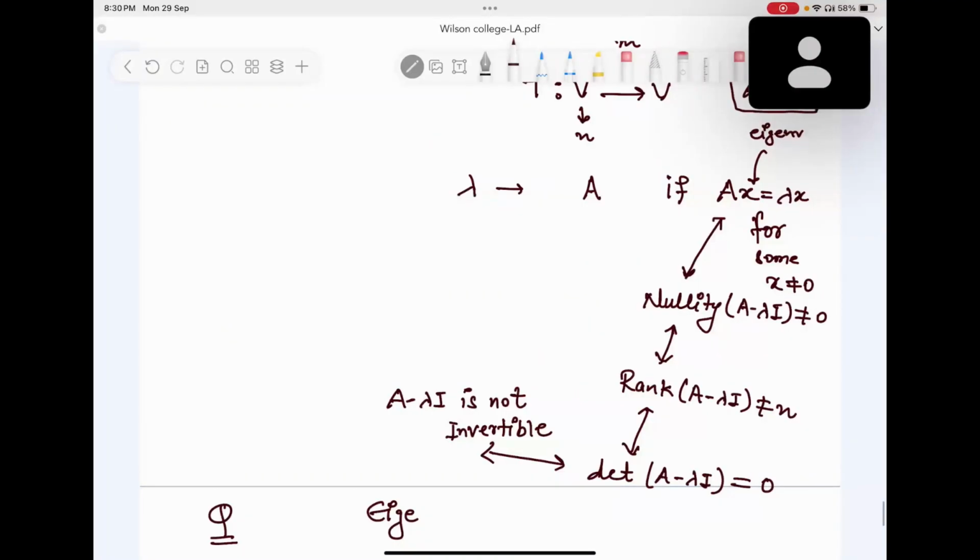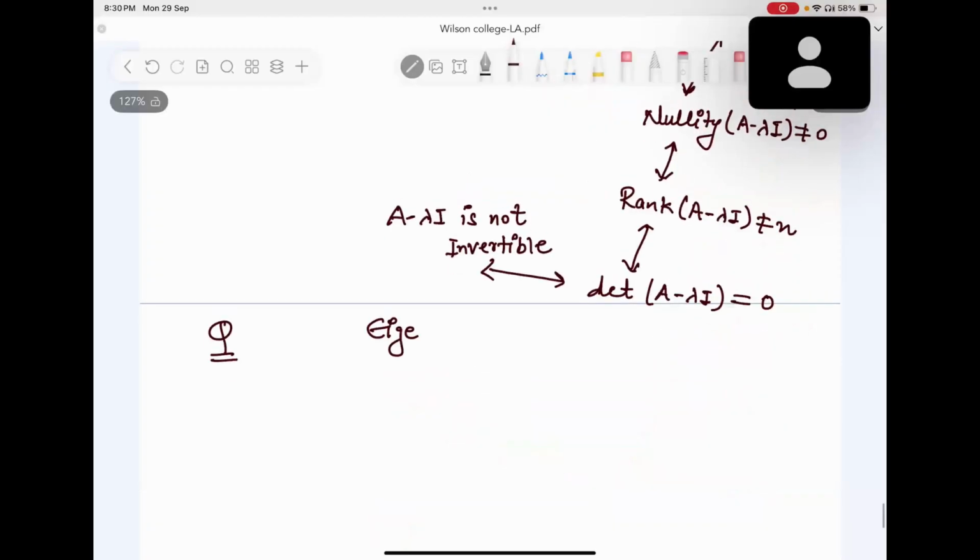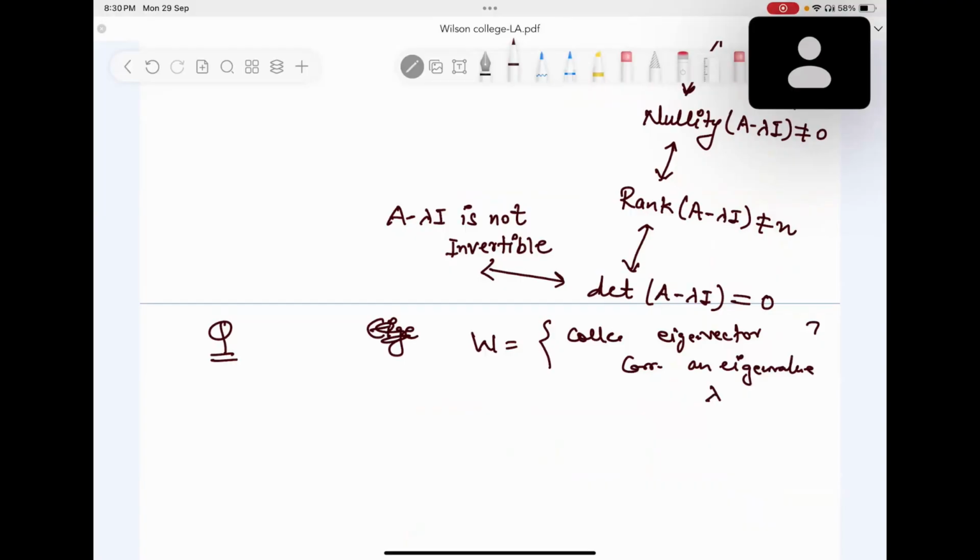Now the question is, suppose you consider W is the collection of all eigenvectors corresponding to an eigenvalue lambda.